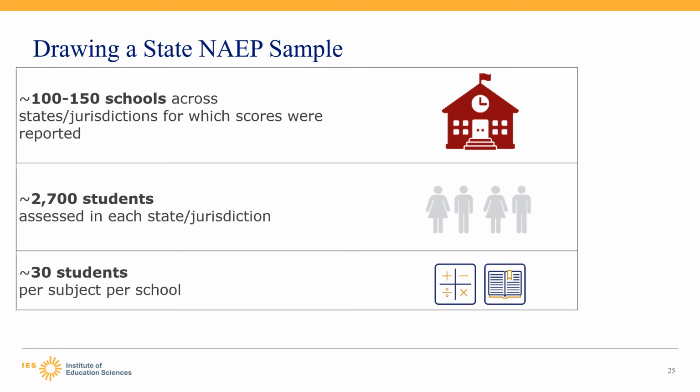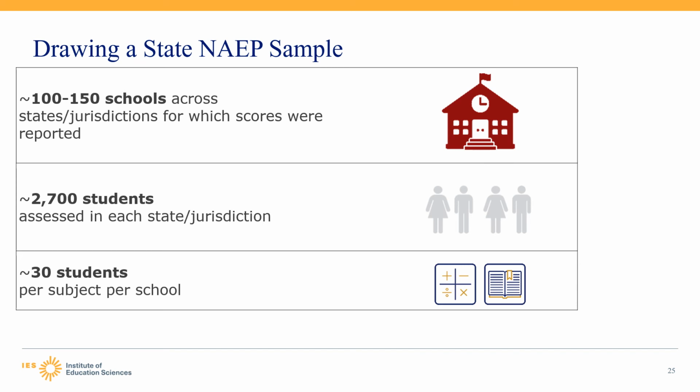NAEP sampling ensures approximately equal sample sizes for each state public school. In each state, approximately 100 to 150 schools were selected for each grade and subject. In 2017, there were approximately 2,700 students assessed for each grade and subject, and each student in a school has an equal chance of being selected for NAEP.